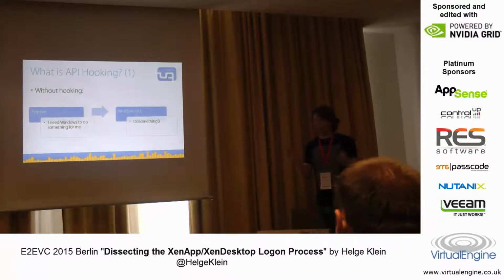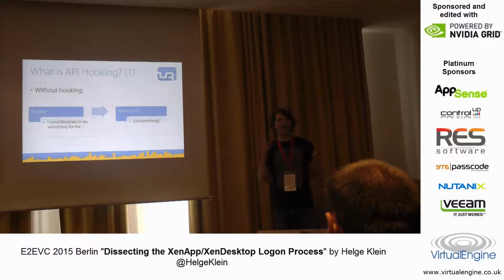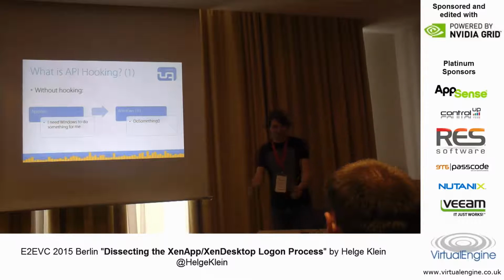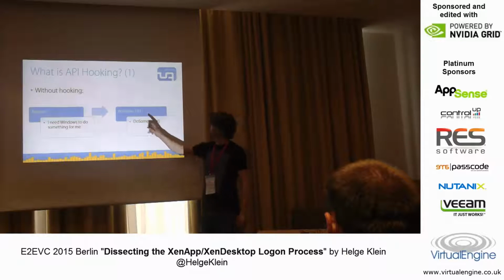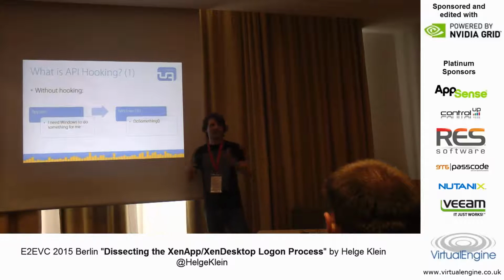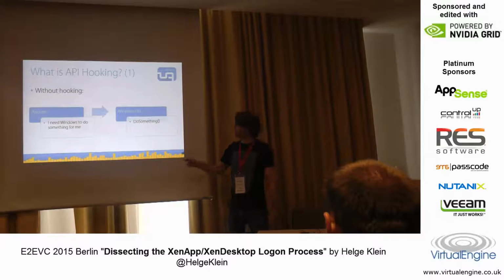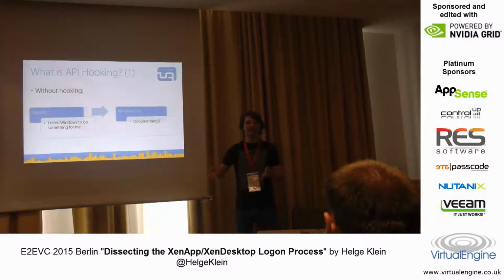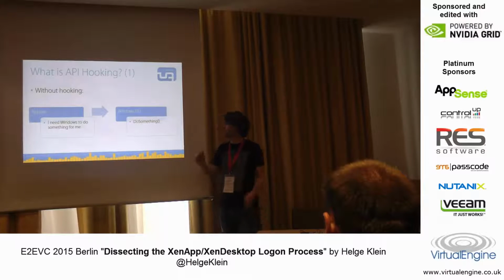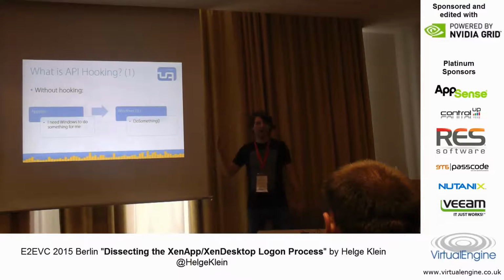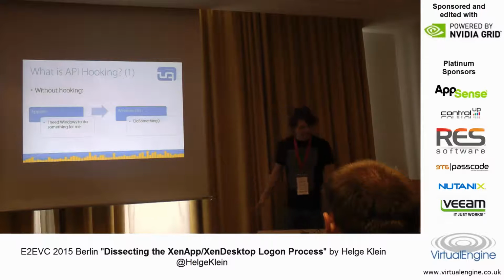So normally when an application needs the operating system to do something, the application loads a certain DLL, any of the many DLLs Windows ships with, and then once the DLL is loaded, the application calls a certain function in that DLL. In this case, the function is creatively named DoSomething. So that's the regular way that things go normally.